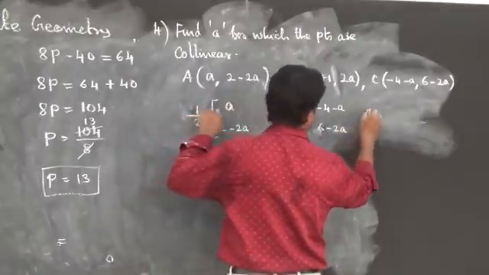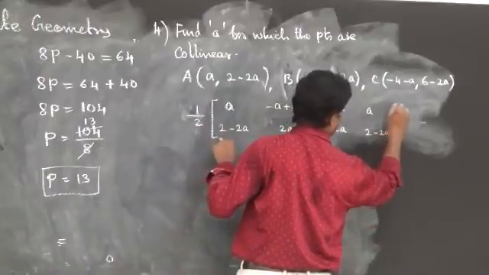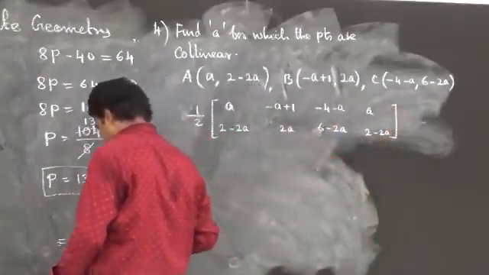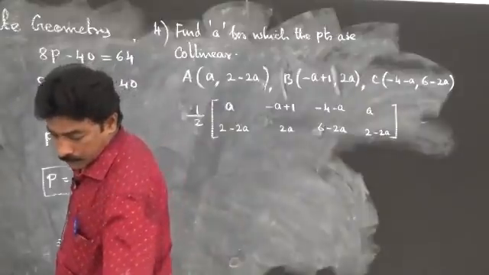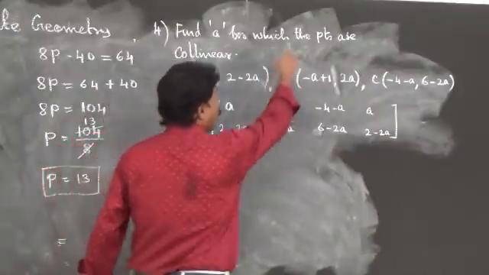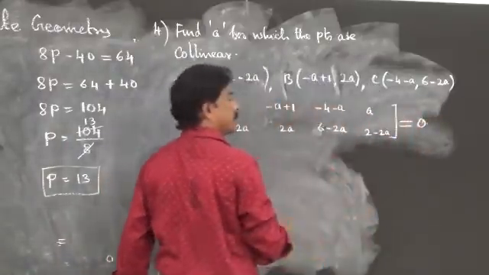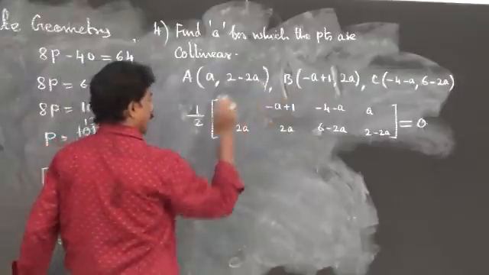And X1, Y1 is a, 2 minus 2a. As usual, what is given? The points are collinear. That means the area equals 0. Don't forget this one. Since the points are collinear, the area equals 0.